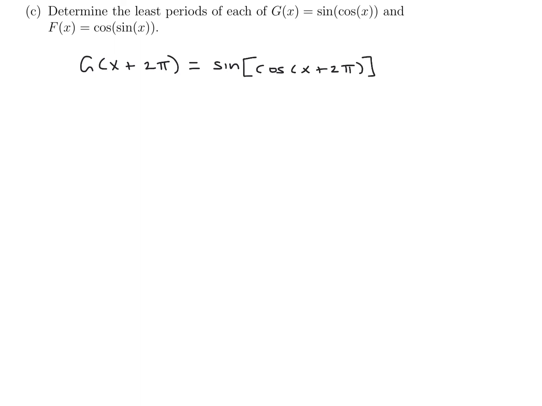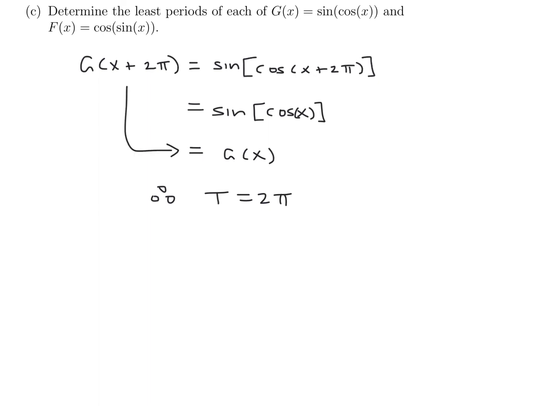Right, because cos of x has actually a least period of 2 pi. And using trig identities, well, this one is just cos of x. And then this one looks to me like it's the same as g at x. Yeah. So therefore, the period here is 2 pi, since we were able to prove that this is equal to that.